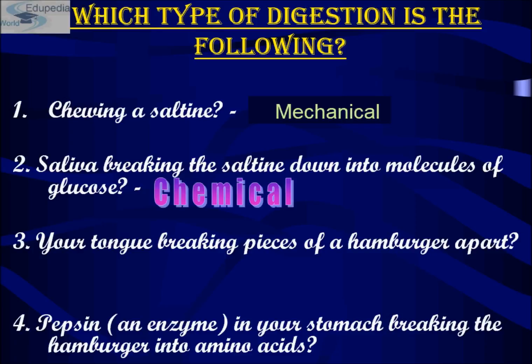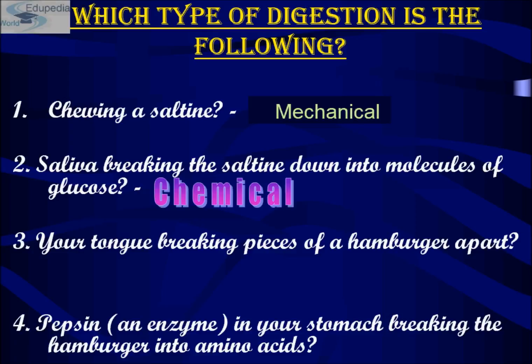Chemical digestion involves digestive enzymes, enzymes that break insoluble molecules into smaller molecules. Examples of digestive enzymes are proteases, which break up protein into amino acids, amylase, which breaks up carbohydrates into sugars, and lipases, which break up fats and other lipids into fatty acids and glycerol.